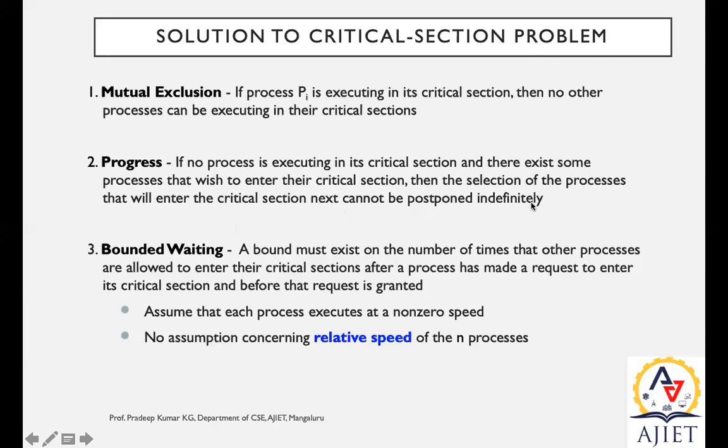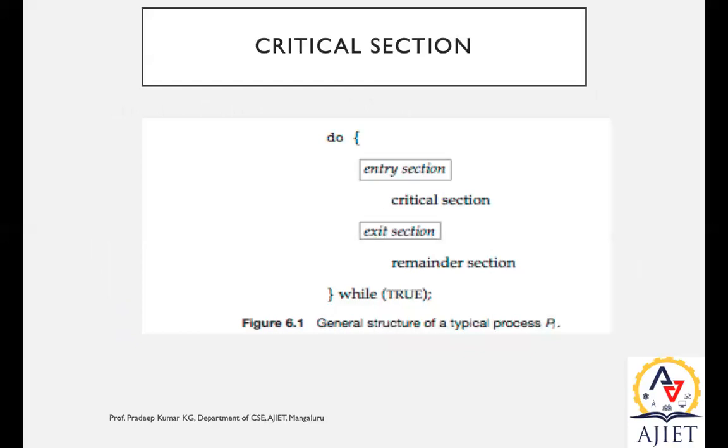As we saw in the previous case, whichever process wants to make entry into the critical section is supposed to register in the entry section to get the pass. So the first one is mutual exclusion, saying that whenever one process, say Pi, is executing in the critical section, no other process can enter the critical section. The second one is progress.